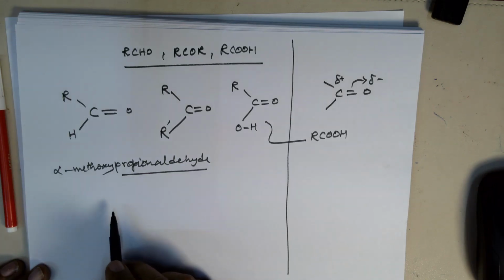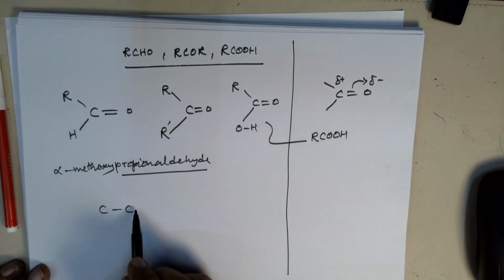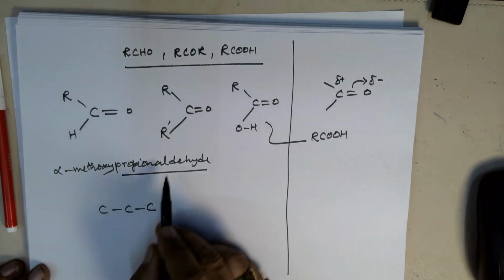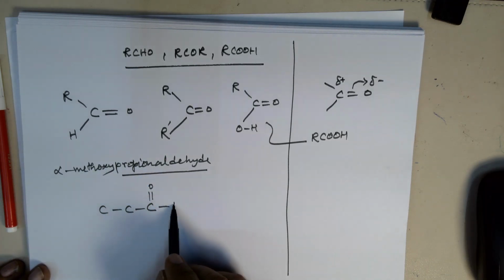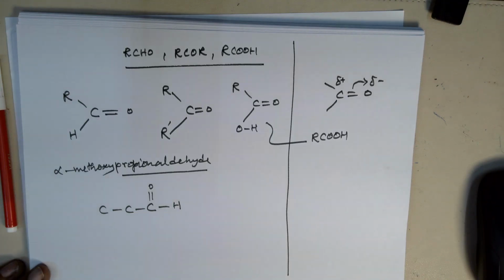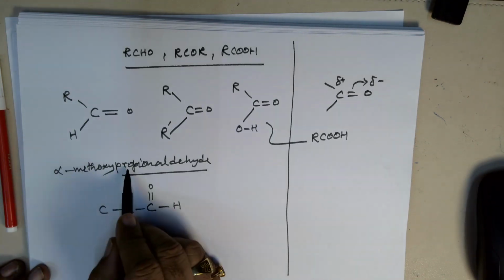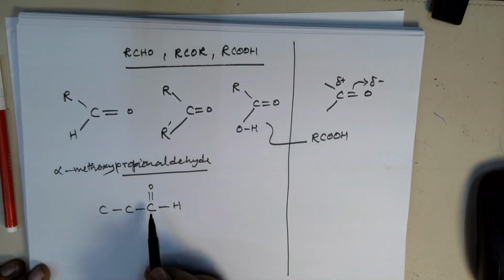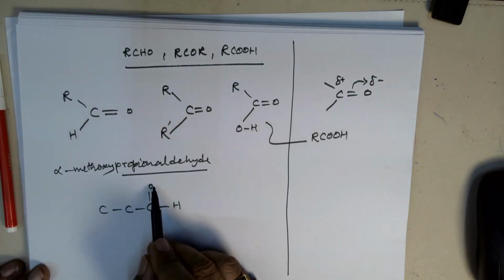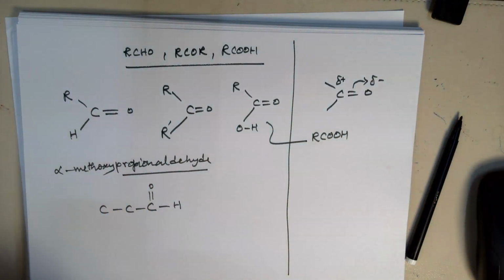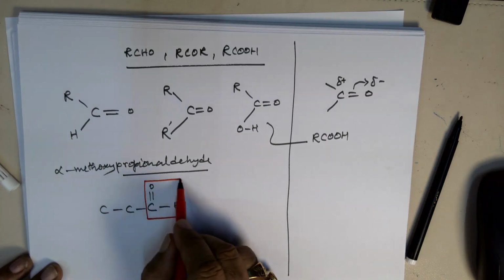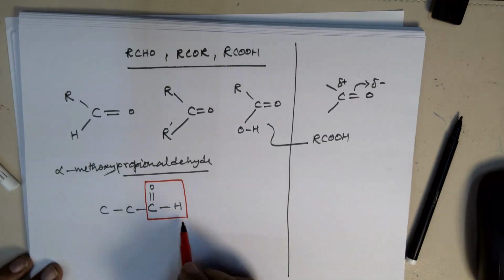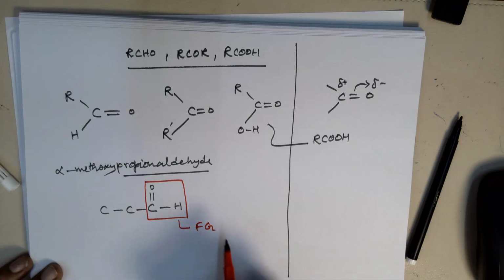Propionaldehyde is nothing but, it has got three carbon atoms, one, two, three. And aldehyde, we already know, is C double bond OH. Which is the functional group? The CHO is the functional group. This is aldehyde.